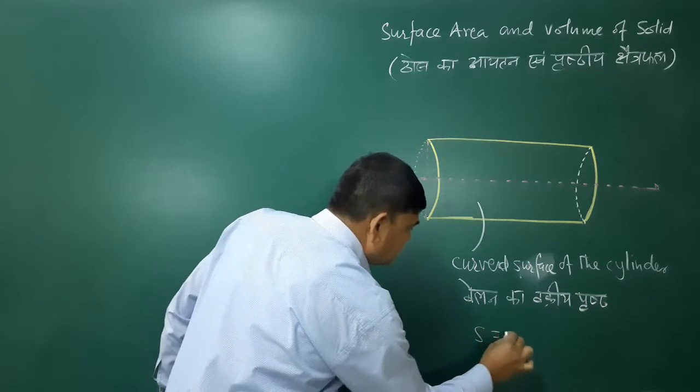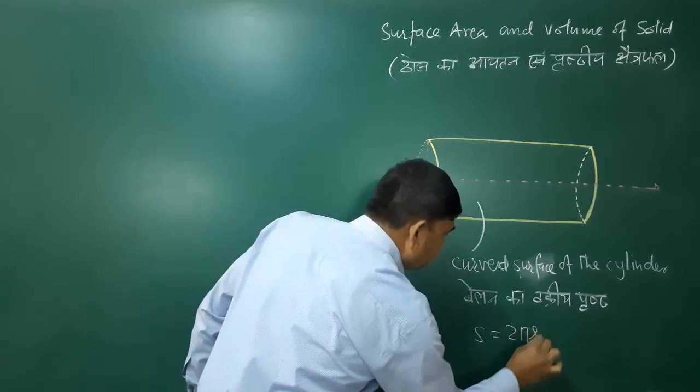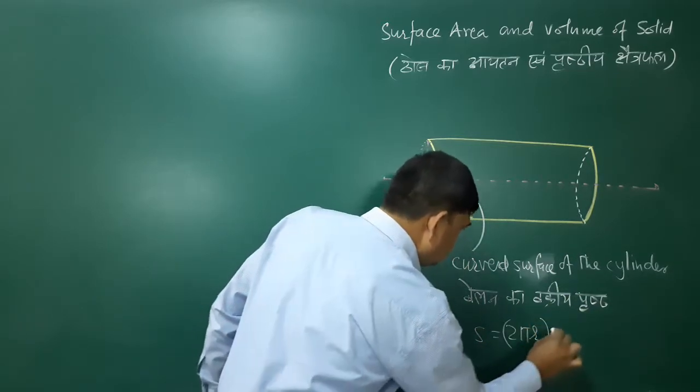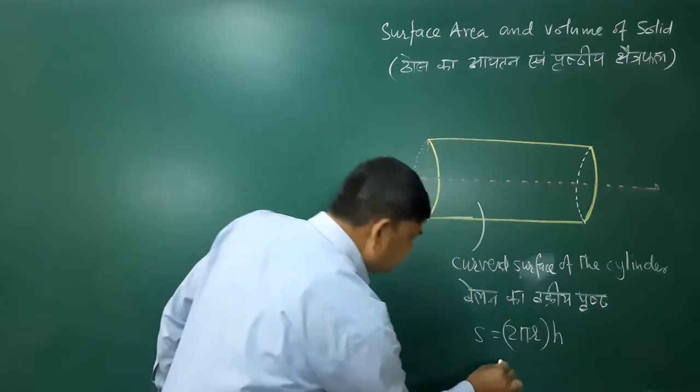Suppose this is S, that is 2 pi r into h.